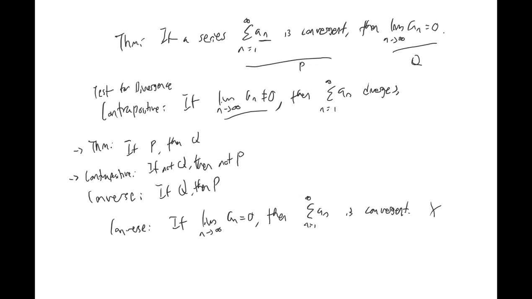The classic example is the sum of 1 over n. You can check that this is my a_n, so the limit is 0, but the series diverges.